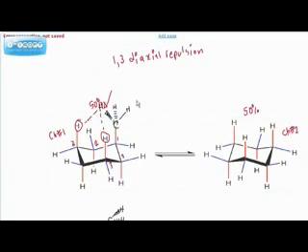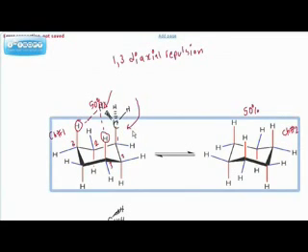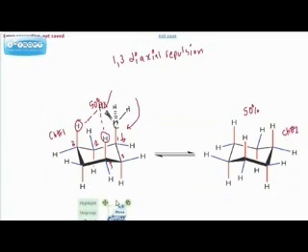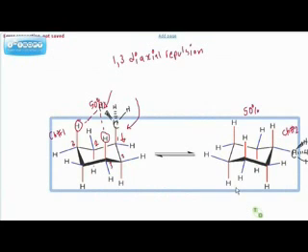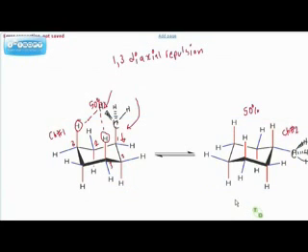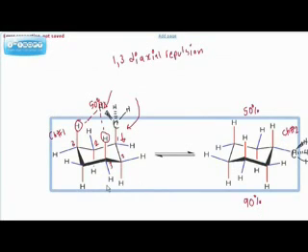So since this methyl is here on the axial position, it's going to want to go into this equatorial position, and then we'll see something like this instead, where the methyl group is attached to the equatorial position on the cyclohexane molecule, and we're going to start to see this chair now, the equatorial one, with about 90% of the time spent during the ring flipping process, as opposed to 10%.